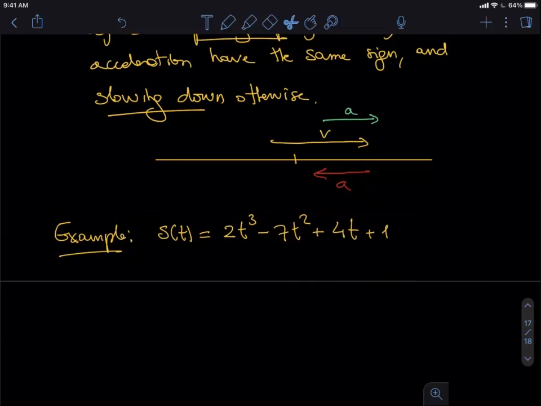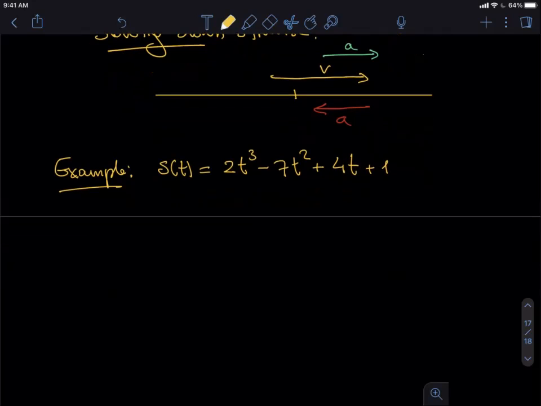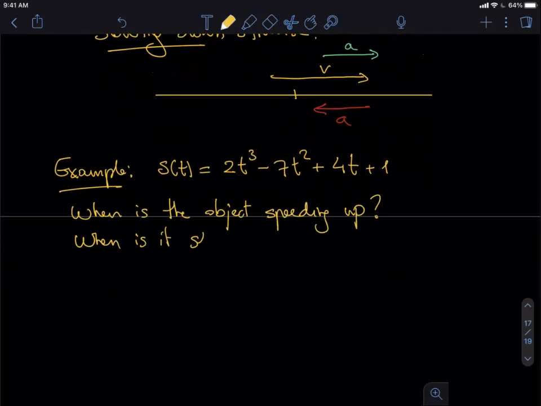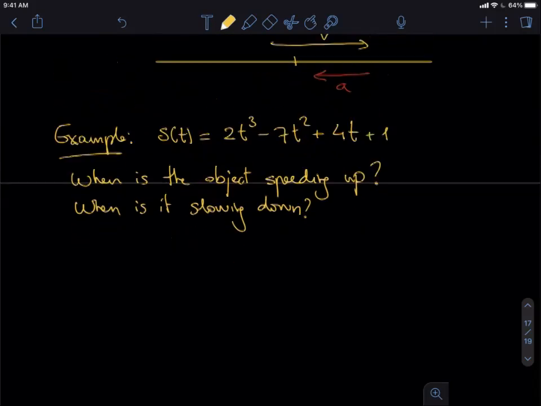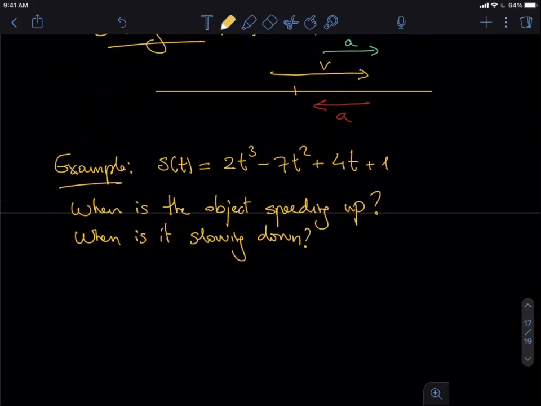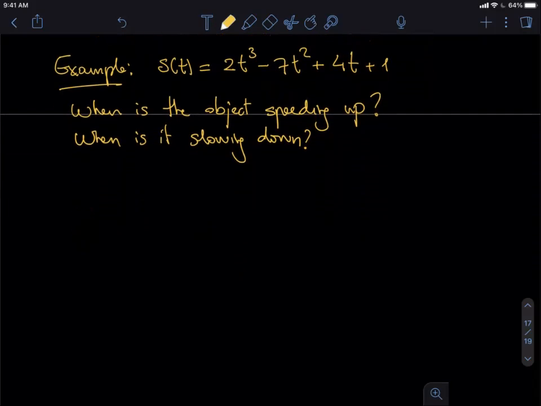So then now is the time to make predictions. When is the object speeding up? And when is it slowing down? All right. So we just said we need to check if the velocity and the acceleration go in the same direction or not.